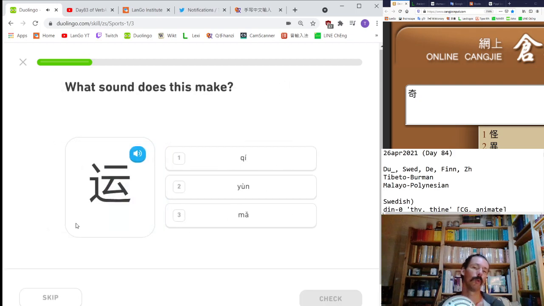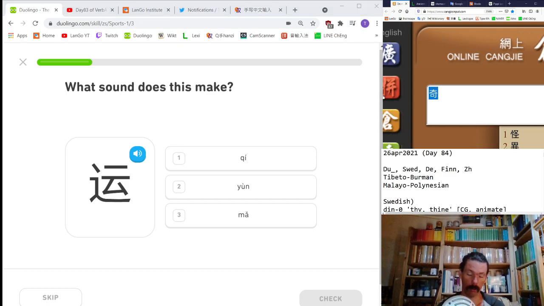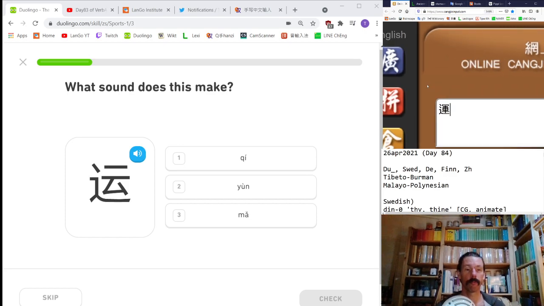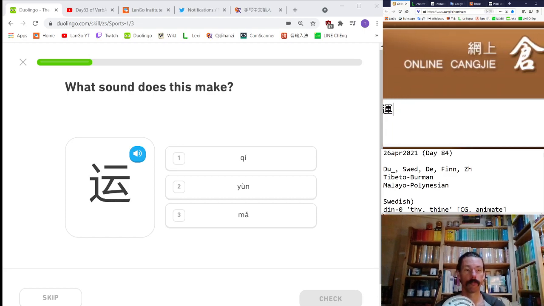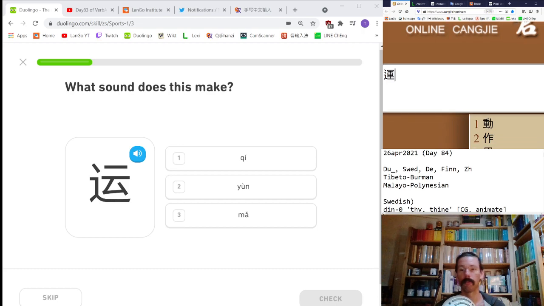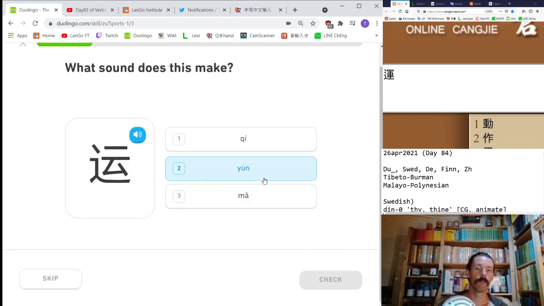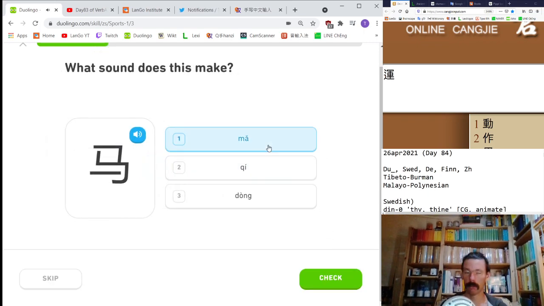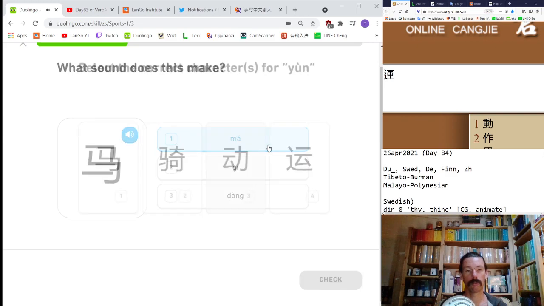运, yun, is transport, convey, and also fortune. Good fortune, good luck. Yun is the traditional shape for it. 马, the horse, 3 strokes.